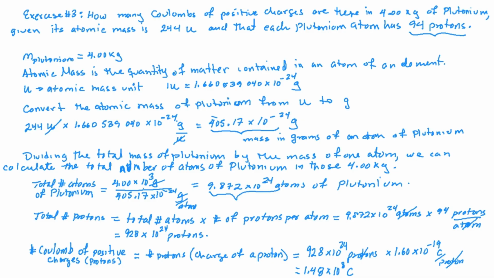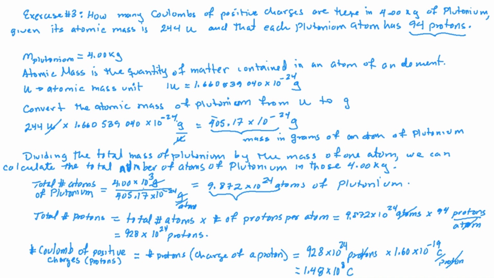This is what we got in this case: 1.48 times 10 to the 8 coulombs. So how many coulombs of positive charges are there in 4 kilograms of plutonium, if we know the mass of the atom of plutonium and the number of protons in each atom? We have 1.48 times 10 to the 8 coulombs.